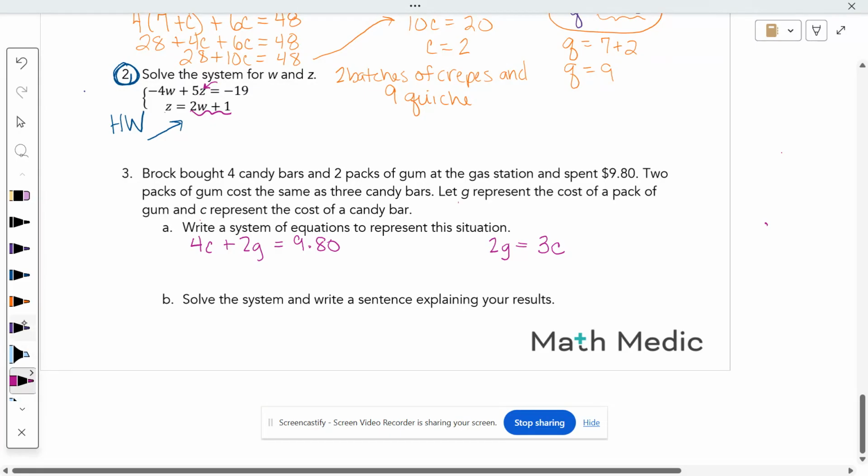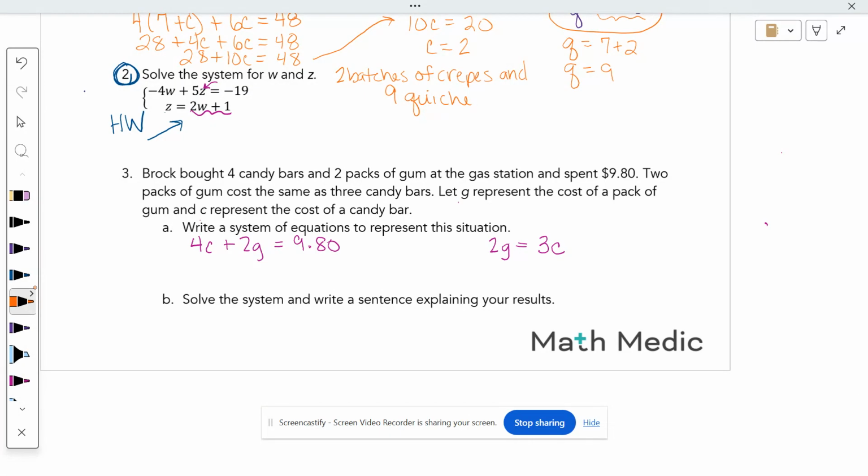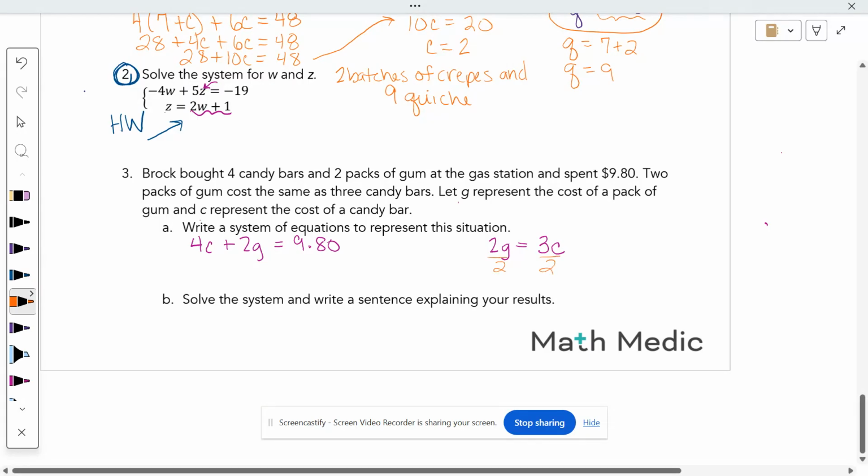So I'm going to help you out on this one. I'm going to get the cost for 1 pack of gum all by itself. I'm going to do that by dividing by 2. So 1 package of gum equals 3 halves times the cost of a candy bar. So I'm going to substitute 3 halves C in for G right here.